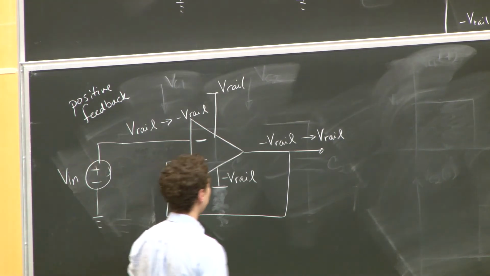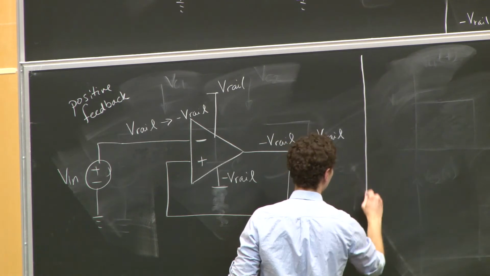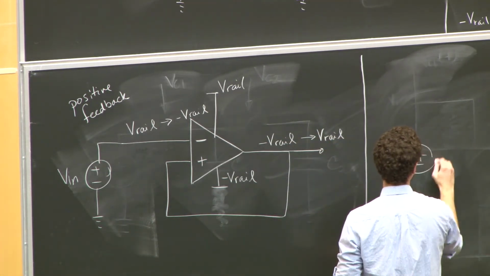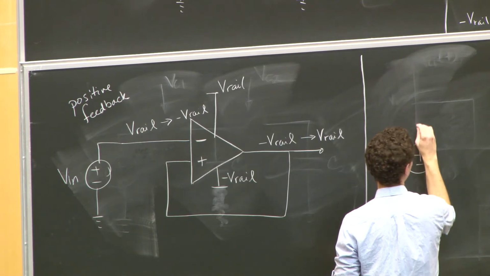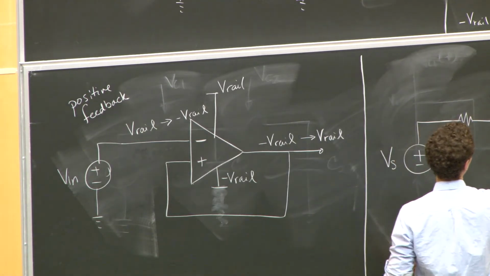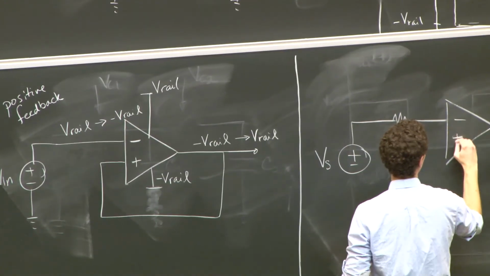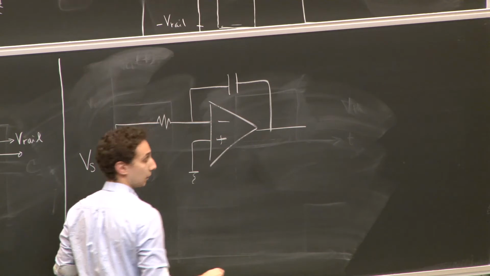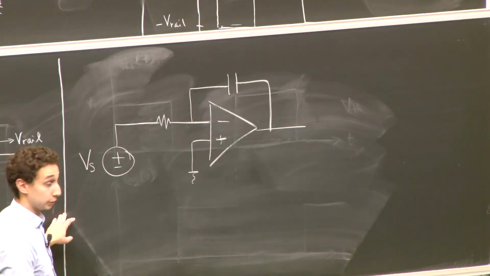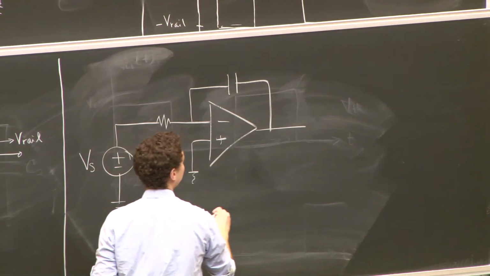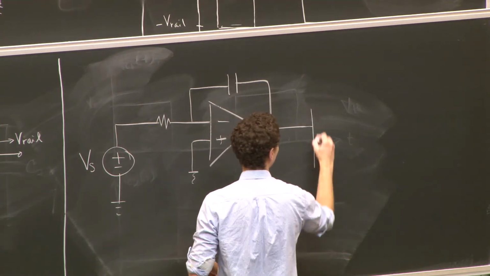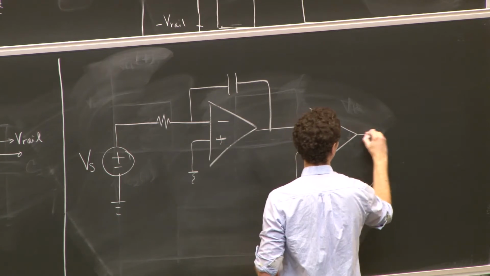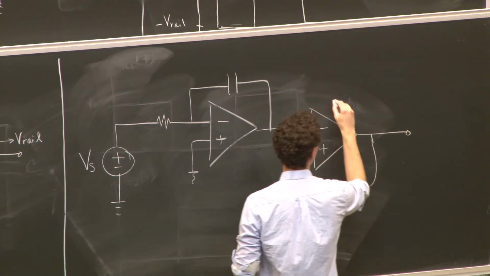So let's now attach this circuit to what we had from our timer from before. We've got our source voltage, Vs, and that's switching. We have our constant current source, voltage-controlled current source. And here we have now our positive feedback comparator.